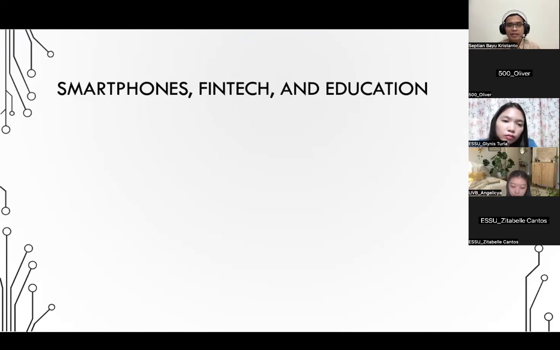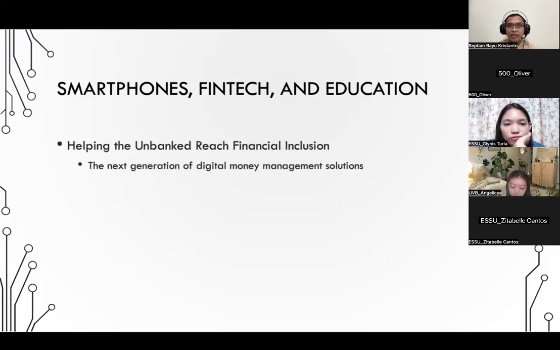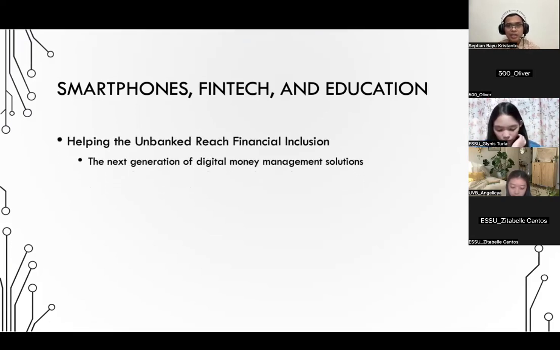So we can find smartphones as the fintech literacy media, and also it's one of the kinds of education in our generation. The young adults after 18 years are now very familiar with the technology. So fintech collaborating with the smartphone and creating a new education or digital literacy will help unbanked people to reach financial inclusion.